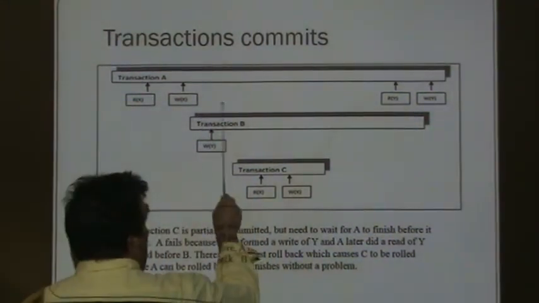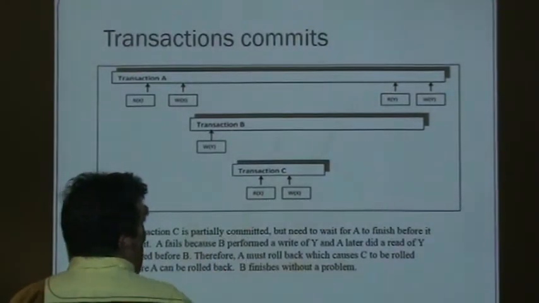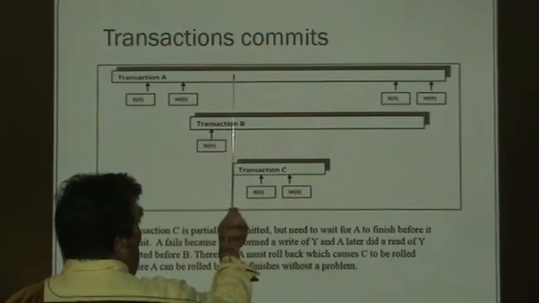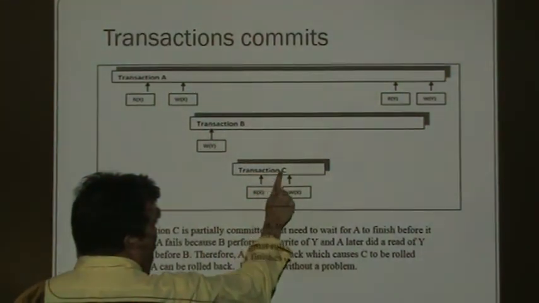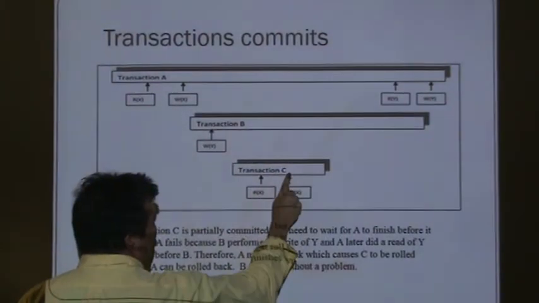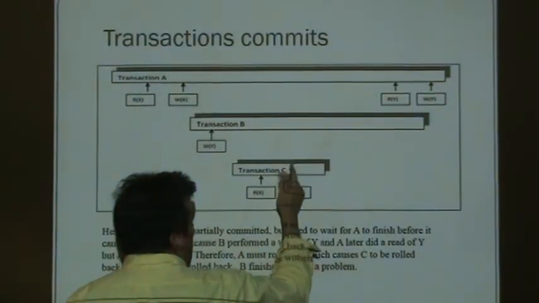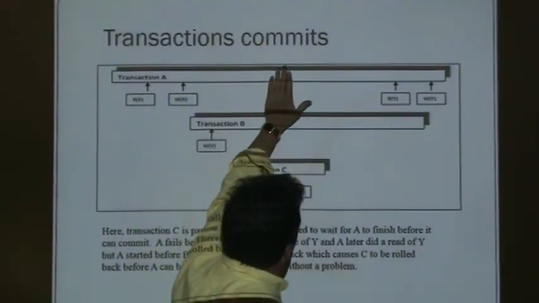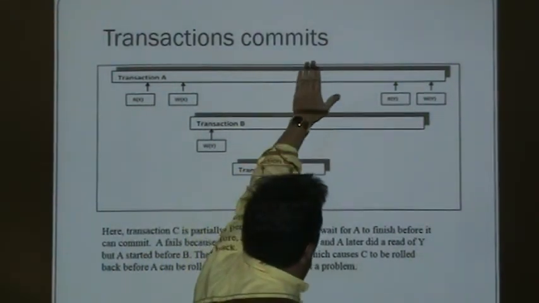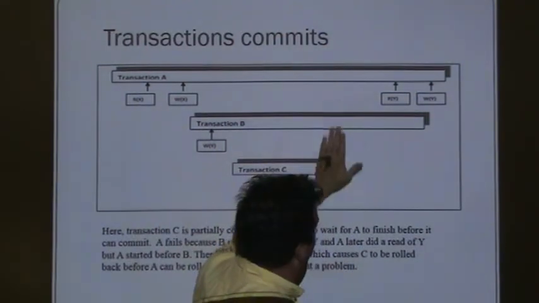At this point in time, transaction C comes along, and C starts at this point. C reads the variable X, does some type of computation, and then writes the variable X, and keeps running for a little bit more time. A is running, B is running, C is running, maybe they're time sharing.